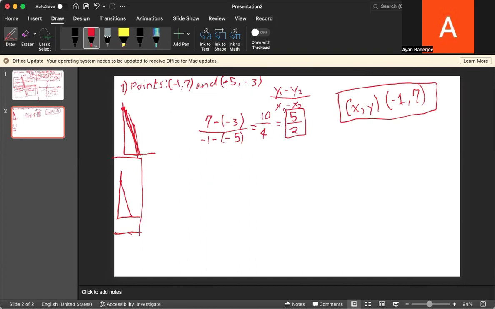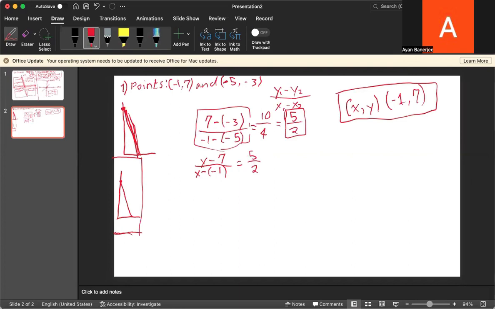Now that we know the slope, we can do this exact same thing, but with the points we have now, which are x, y and -1, 7. So we have y minus 7 divided by x minus -1, which is equal to 5/2.